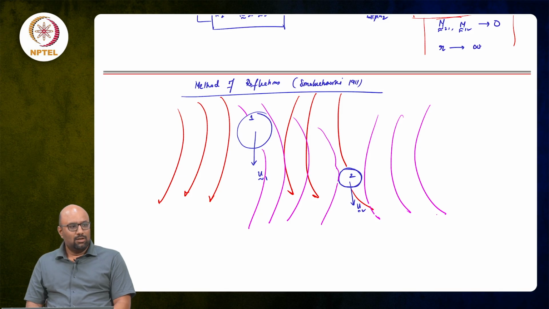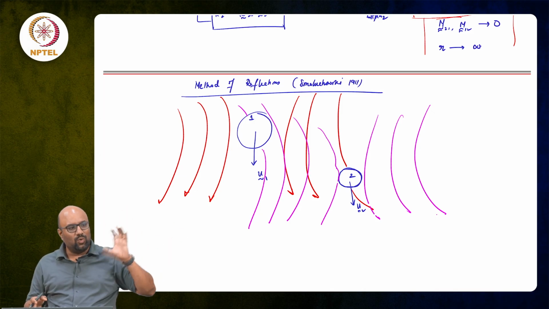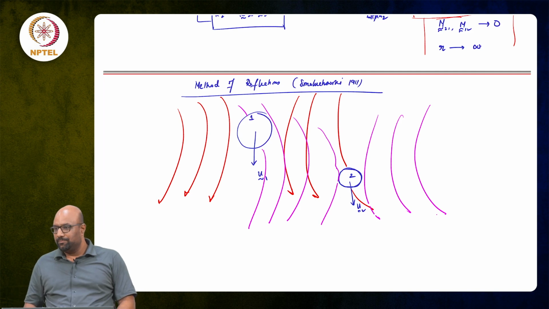So if you know that sphere 2 is translating with some velocity, it creates its own velocity which is going to disturb sphere 1 and make it move. That is the essential idea, that the motion of sphere 2 is going to translate sphere 1 and the motion of sphere 1 is going to translate sphere 2.